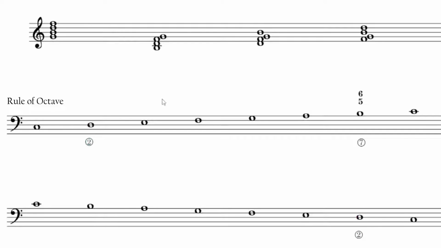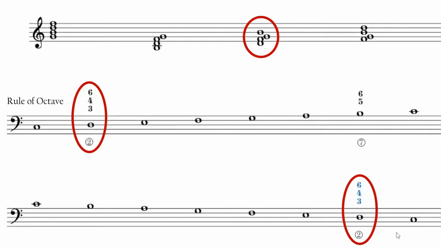The basso continuo numbers would in this case be 3, 4, 6, like that. There are two possibilities for placing the second inversion of the dominant seventh chord in the rule of octave, either on the second degree going upwards or on the second degree going downwards.